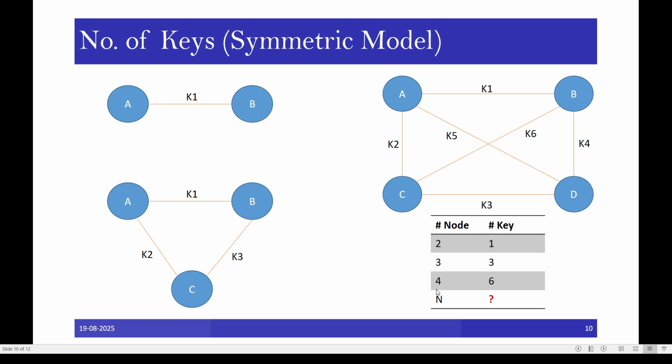We will ask this question in the class, and in the next class we will tell you the number of keys. But as of now, you should put your answers in the comment box of this video lecture, saying what the general formula could be for the number of keys required for an n-node system.